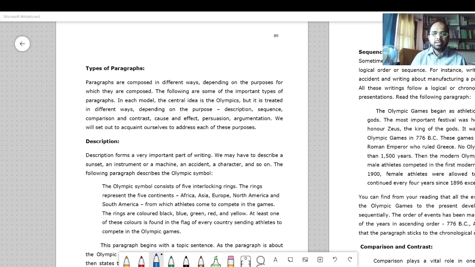So boys, in the previous section we saw something about paragraphs, in which we came across the structure and the three important components: unity, coherence, and connection. That is how a particular sentence has a very good structure.